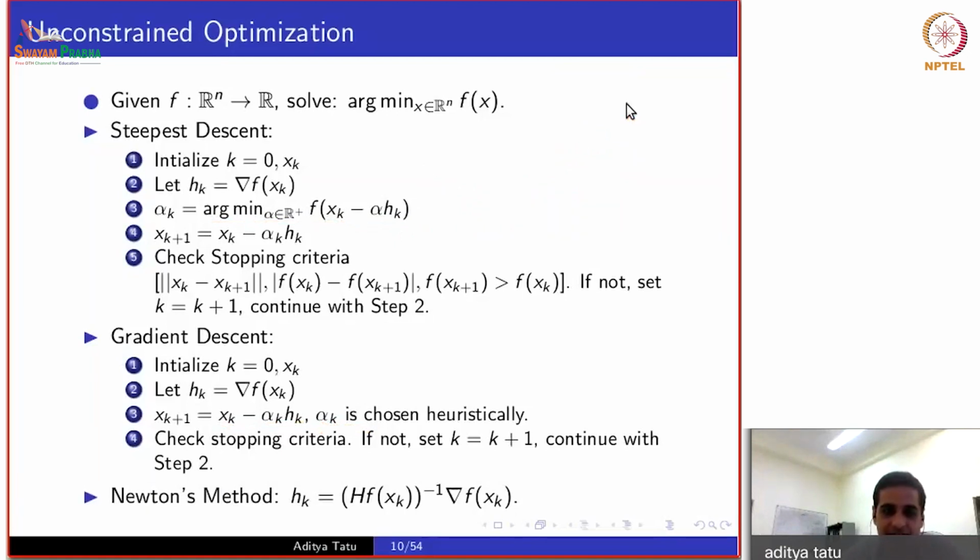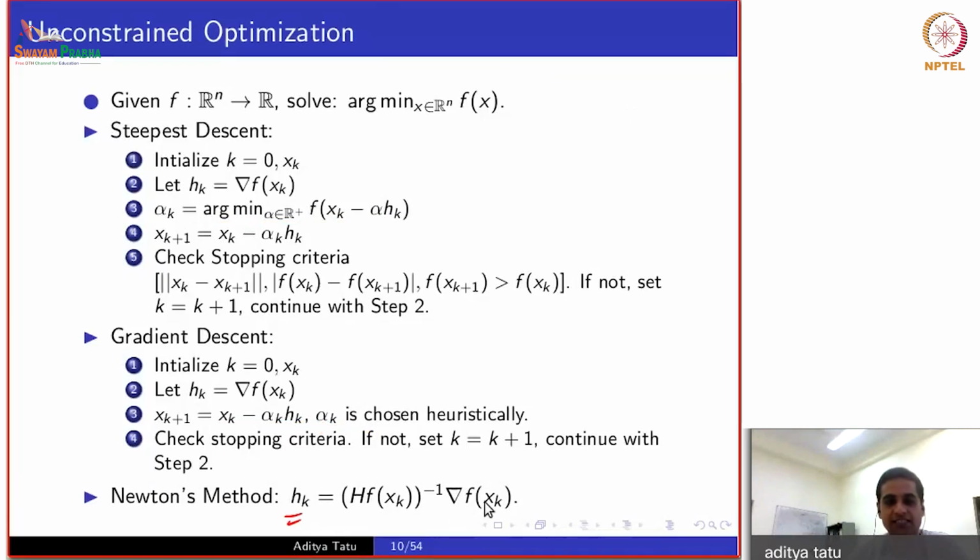Another variant of this is what is called Newton's method. You may have studied the Newton-Raphson root finding method. This method is derived from that particular concept itself. The search direction is the only thing that is different.